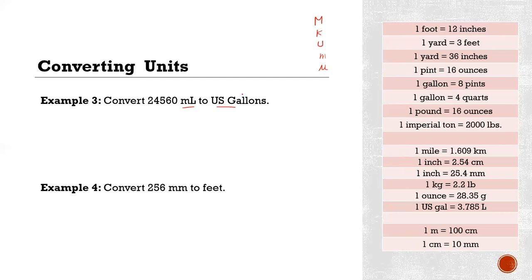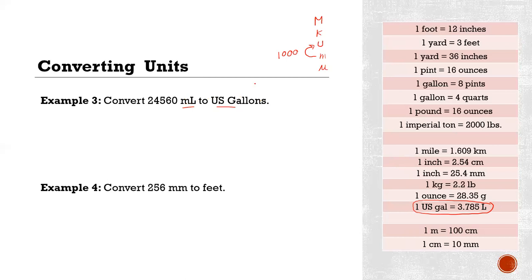So we want to get to a gallon, and let's look at our gallon conversion. It's down here. 1 gallon is 3.785 liters. So if this was liters to gallons, it would be easy, but we need to get milliliters to gallons. So let's go from milli to our liter. We're going to go that 1 step, and that's going to move by 1,000.